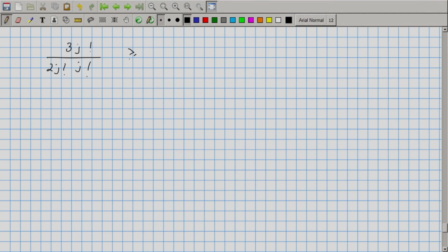So, this we can say is greater than, for the numerator, we apply the lower bound, which is root 2 pi times 3j times (3j)^3j, the by-e will cancel out in the numerator and denominator, divided by root 2 pi times 2j times (2j)^2j times j^j times root 2 pi j. Okay.